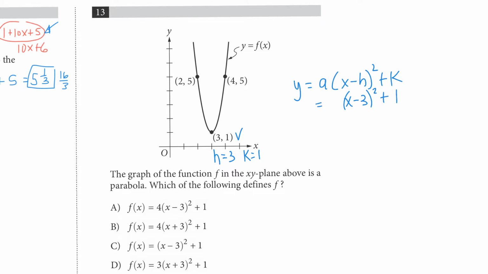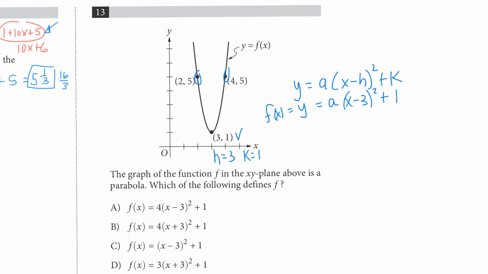So we have an equation here that says y, or f of x, same thing, is equal to a times x minus 3 squared plus 1. So what we need to know is what is a in this problem so we could come up with the answer. Well, what we could do is just pick a point, any of these 2 points, 2, 5, or 4, 5. Let's say 2, 5.